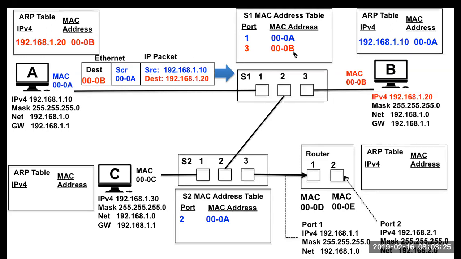It's in its MAC address table already too. So it says I can just send that out port 3. Both pieces of information are already in the table. The table was populated by the ARP request and ARP reply. So now it can just forward that Ethernet frame out port 3 directly to PCB.